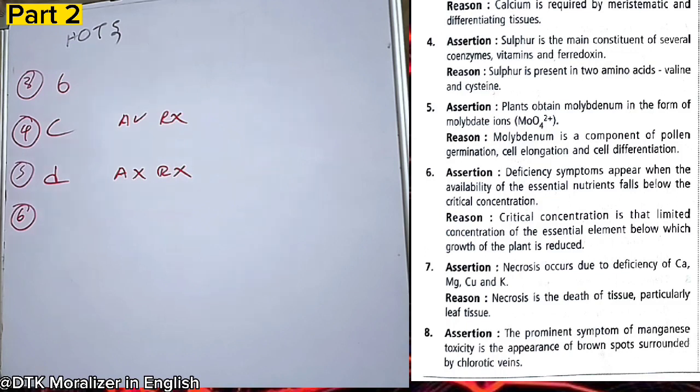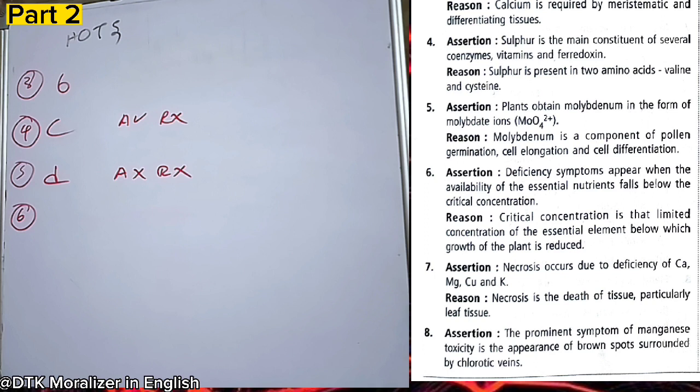Now question number 6. Deficiency symptoms appear when the availability of essential nutrients falls below the critical concentration. Critical concentration is that limited concentration of essential element below which growth of the plant is reduced. Yes, both are right and a correct explanation of each other, because in the assertion, deficiency symptoms caused by falling below critical concentration is mentioned, and the reason is justifying that assertion.